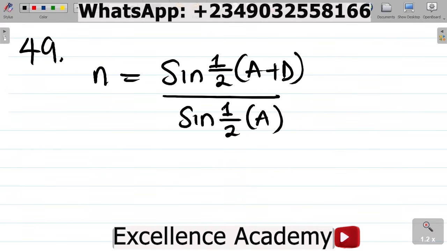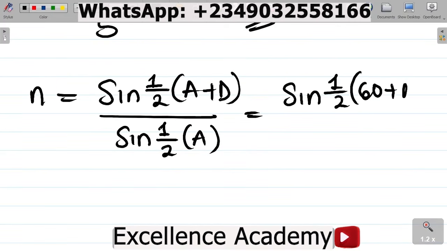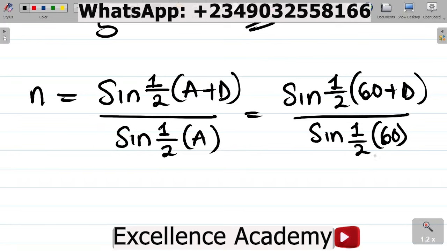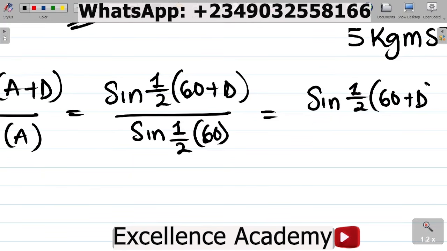So if you put that value here, we'll have that n is equal to sine of half into (60 plus D) all over sine half of A. A is 60. Let's proceed with this. This is equal to sine of half into (60 plus D) all over sine half of 60, which is what there? 30.